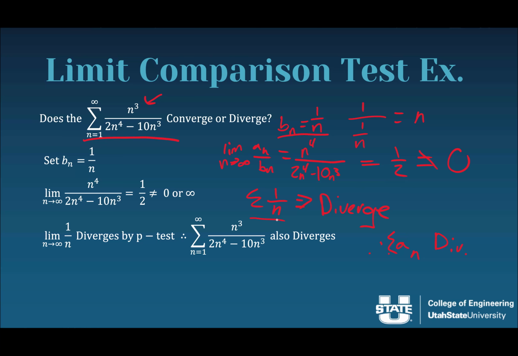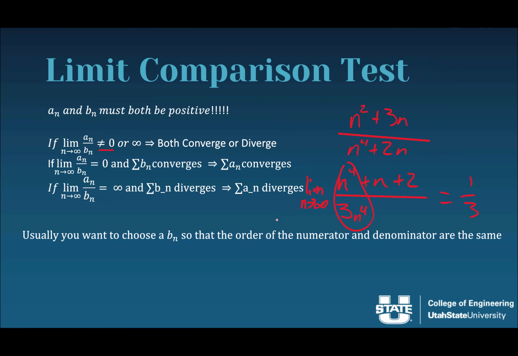It's inconclusive. Versus if b sub n converged and we got a limit equal to 0, then they would both converge. So you can work it so that it's equal to 0 or infinity. It's just if it converges or diverges, doesn't match up, then it doesn't tell you anything.